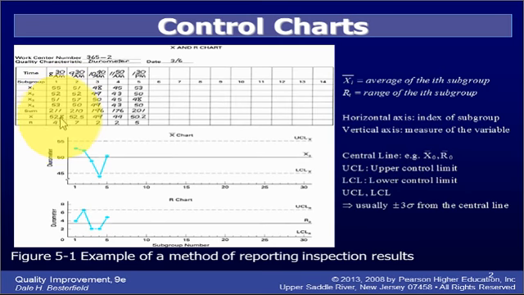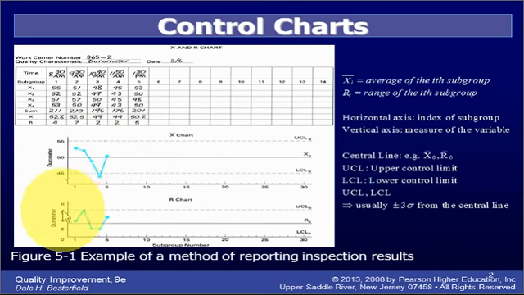Then you compute the Xbar value, the average in this subgroup, which is 52.8, and the range of this subgroup, which is the largest value minus the smallest value, 55 minus 51 equals 4. In the Xbar chart, you place this point, 52.8, associated with the first subgroup. The horizontal axis in the Xbar chart and R chart stands for the index of subgroup.